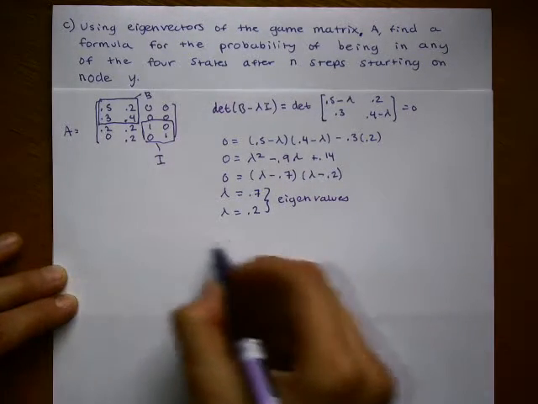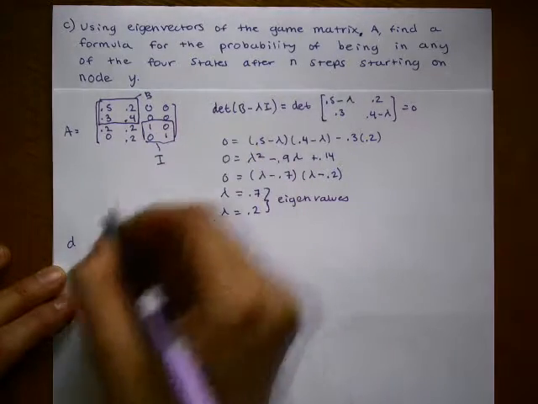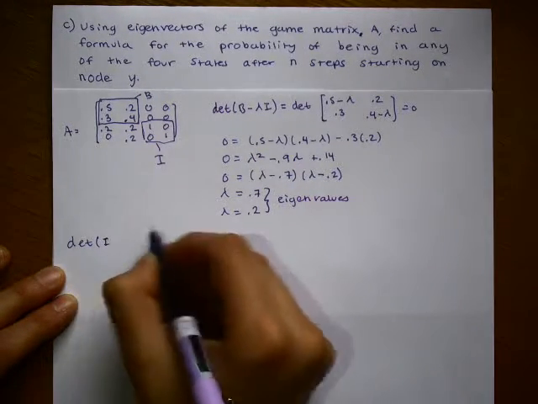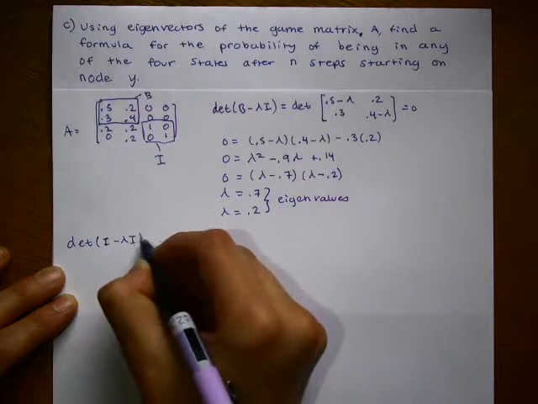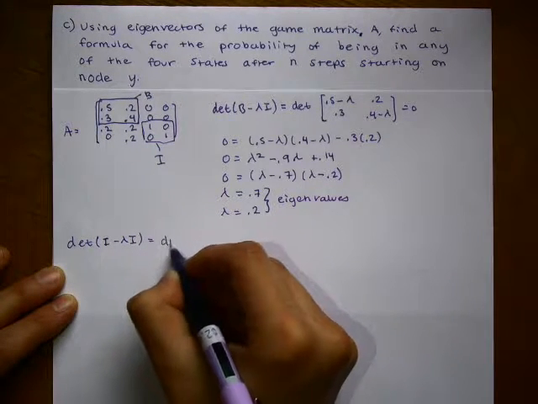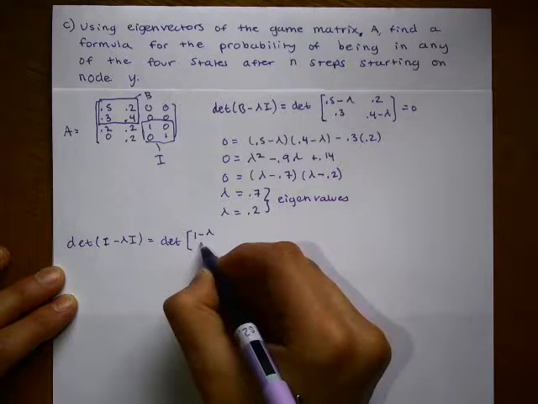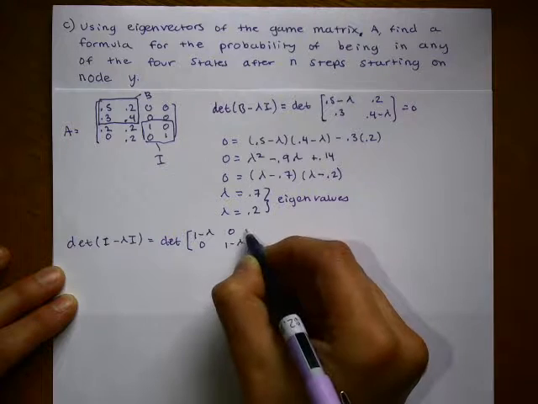Now to get the other eigenvalues, we're going to do the same thing with this matrix here. We're going to take the determinant of matrix I minus lambda I. Again, we're subtracting lambda from the diagonal.